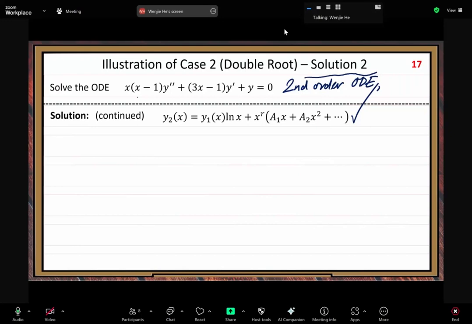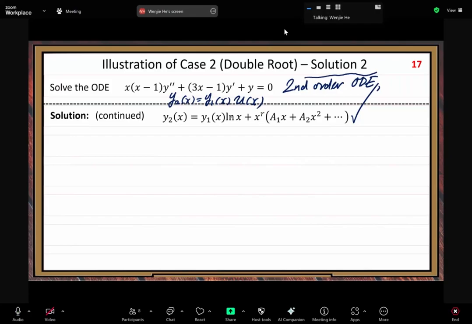So for your y2, you make your y2 function as y1 function times u function, an undetermined u function. Then you calculate that u function. The u function has a first order ODE.